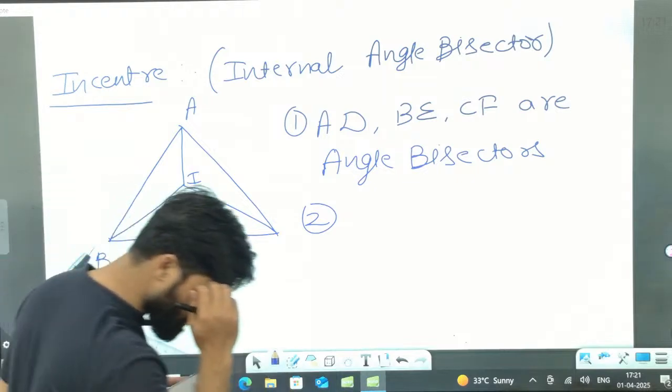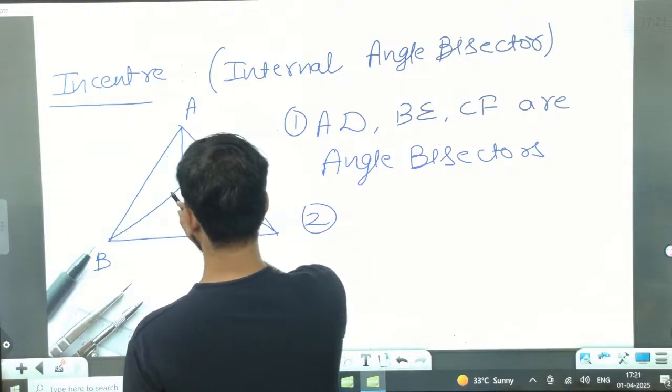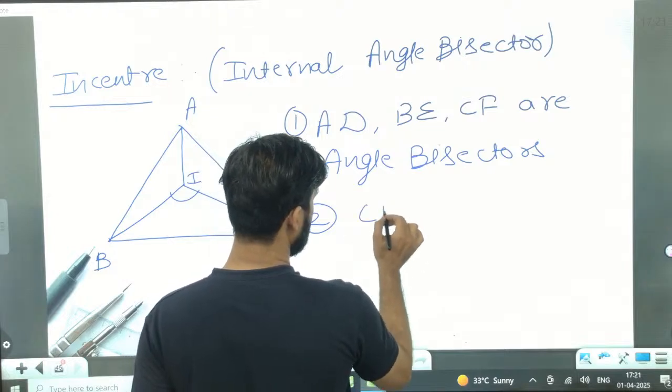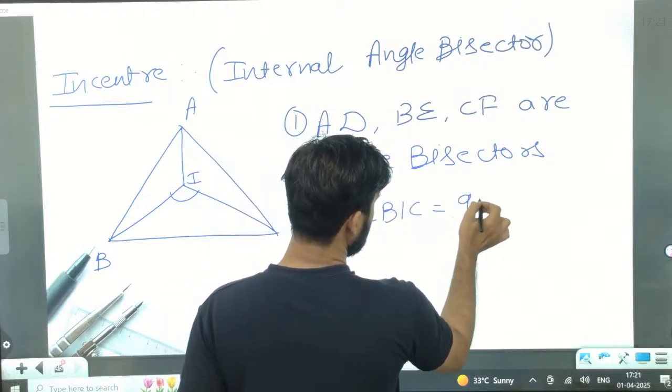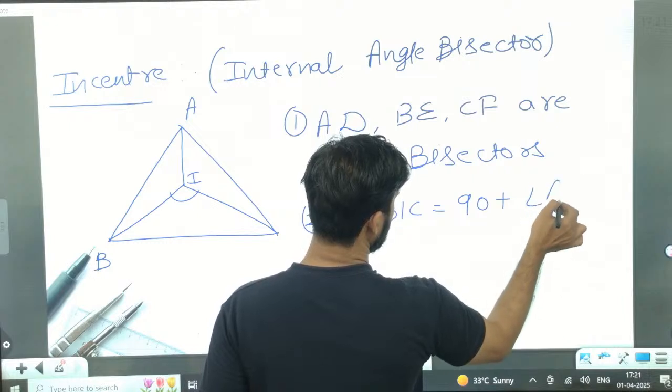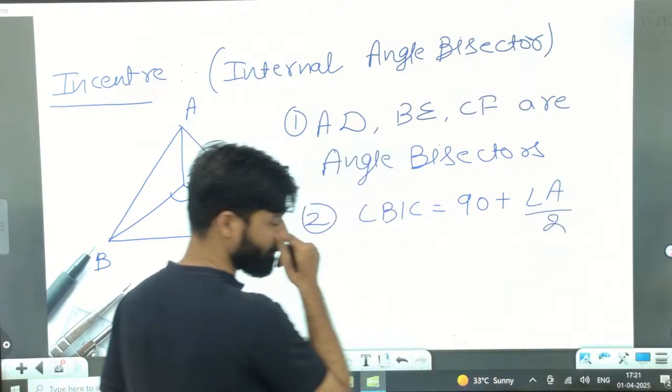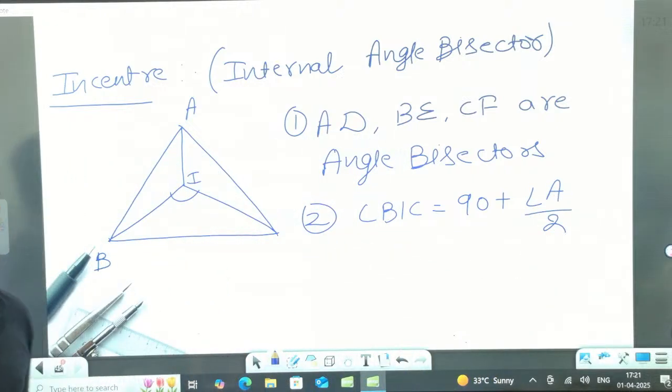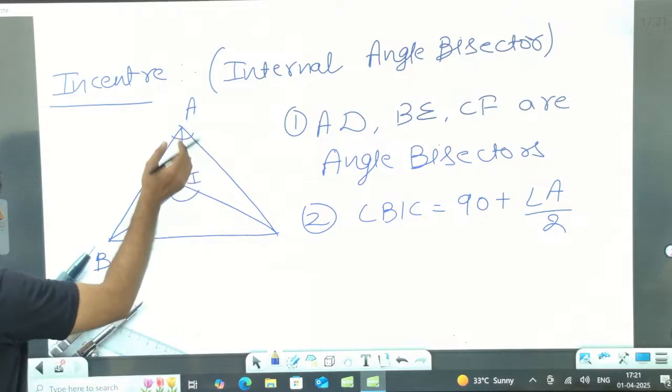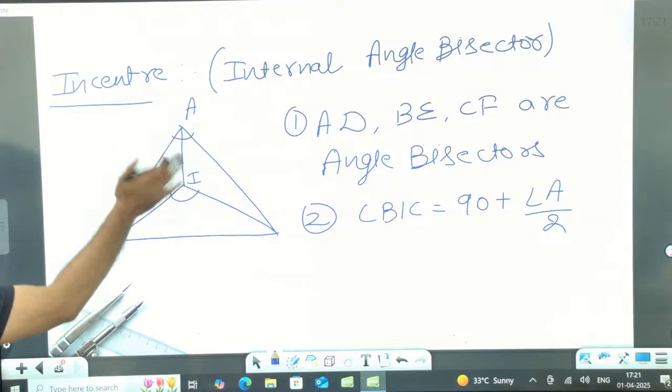Write this one, angle BIC equals 90 plus half of A. This is important one. 90 plus half of A. Half of this A. It means opposite to this only. Okay.